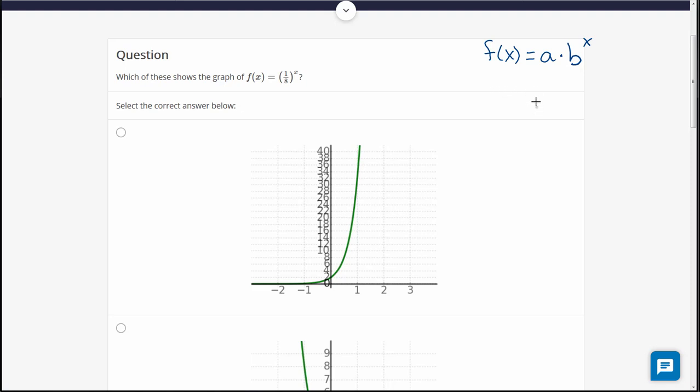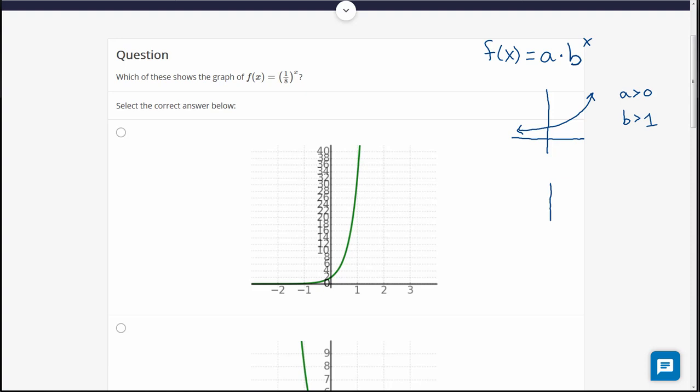And the things you want to remember are that if a is positive and b is greater than 1, then the graph is going to roughly look like this.